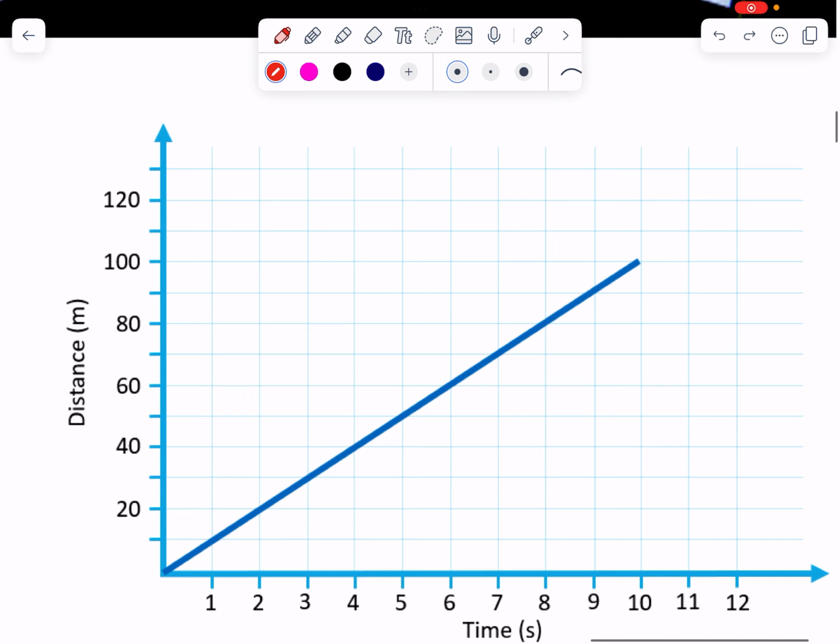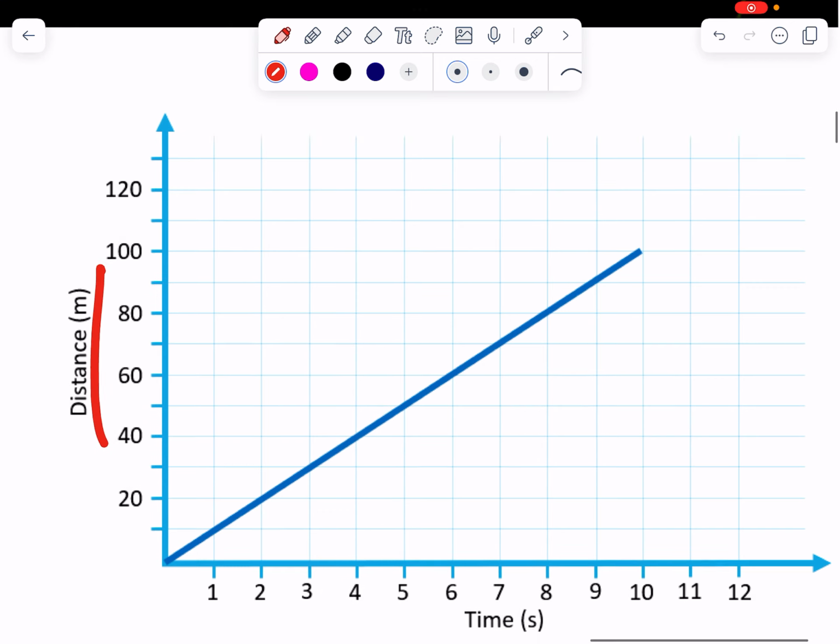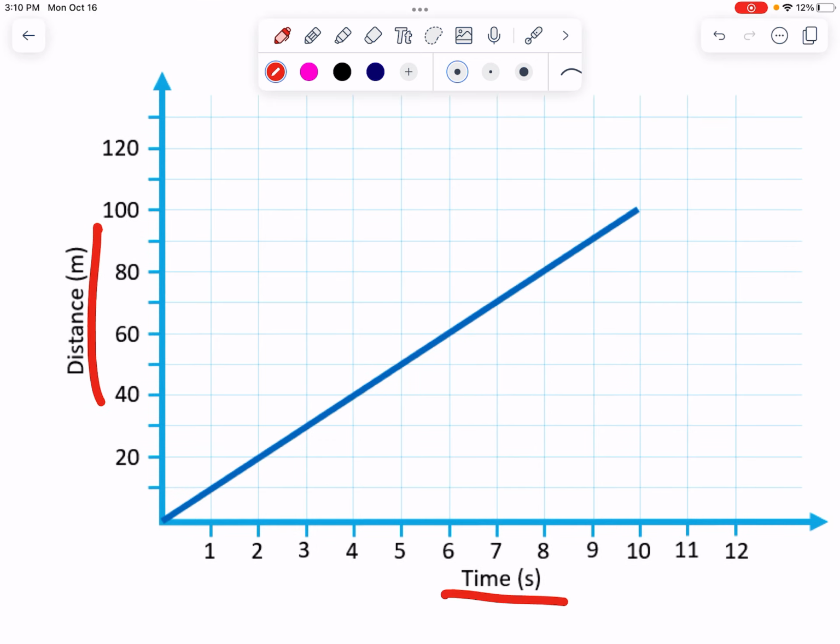So here we see that we have distance and time on our graph. If we divide distance and time, we're essentially just finding the slope of a line. Looking at this line here, we see that we have a change in distance and a change in time.